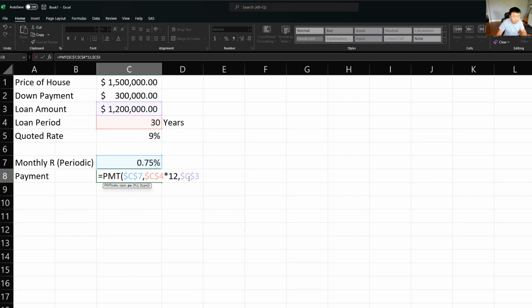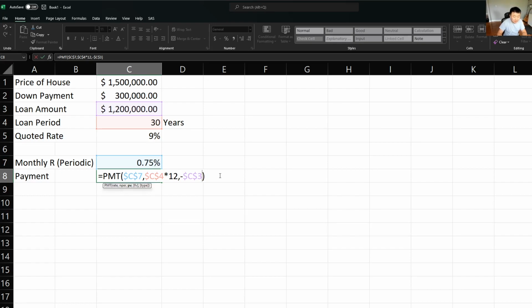But I'm going to have to put a negative sign in front of it. If I don't, then I'm going to end up with a negative number, which is a little confusing. So instead, I'm going to put a negative sign in front of the loan balance. Unfortunately, you cannot put a negative sign on the others. For example, you cannot put a negative sign in front of the rate. You cannot put a negative sign in front of the number of periods, because mathematically it won't make sense.